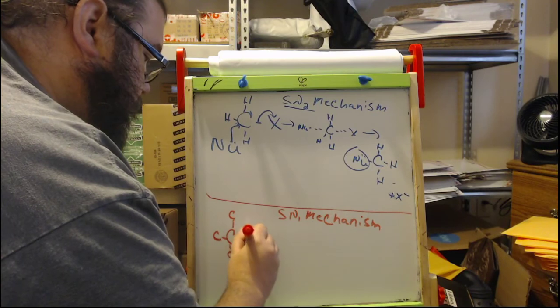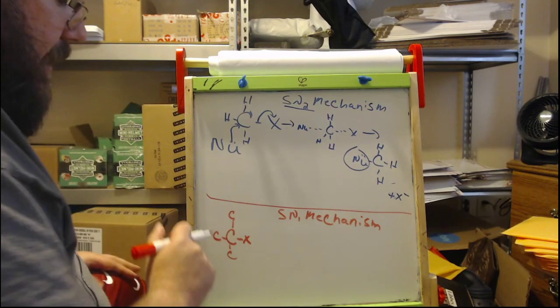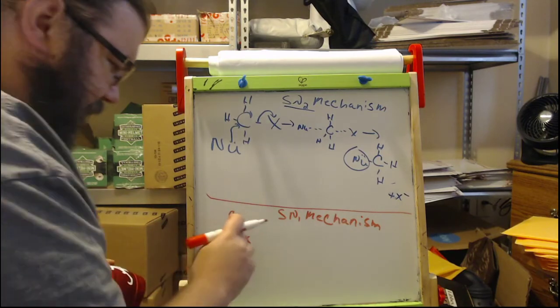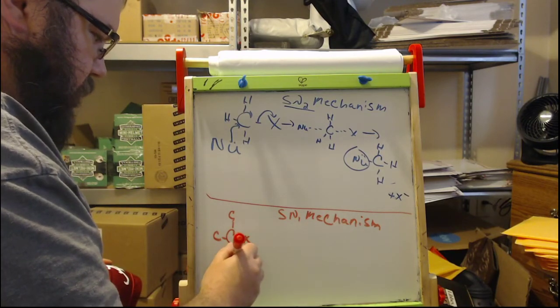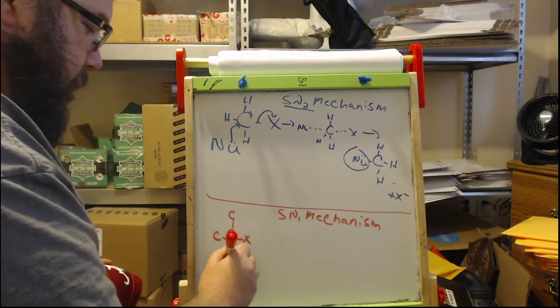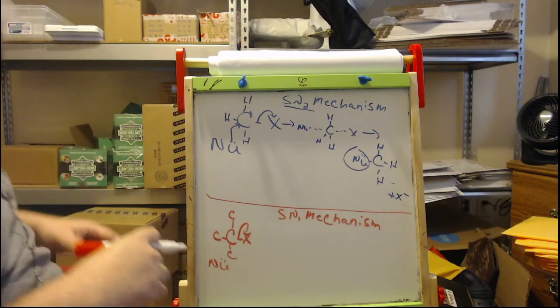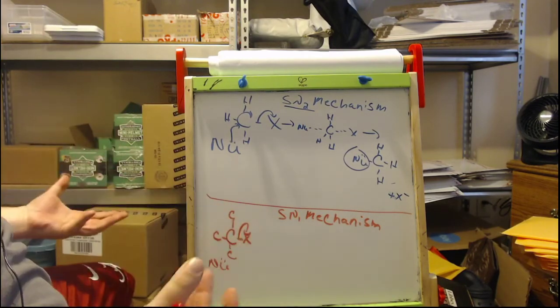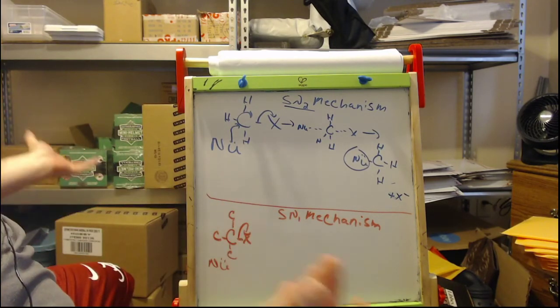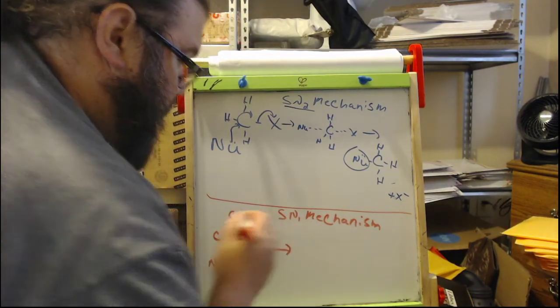You'll see why in a little bit. I have my leaving group, and I have my nucleophile sitting here waiting. Step one is my leaving group leaves. I have to present it in a situation to make that leaving group want to leave. We'll talk about that. So my leaving group leaves.